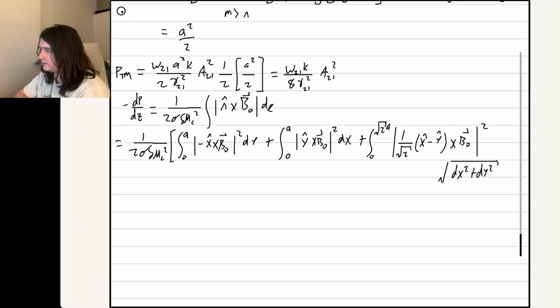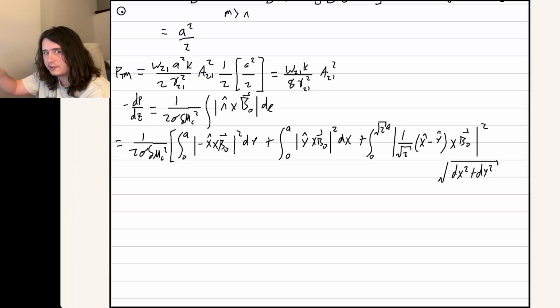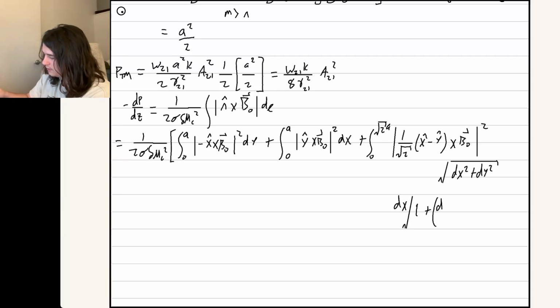How I'm looking at this is we actually have a form for dy/dx, because the symmetry line is along the y equals x plane, positive or negative, it doesn't matter. So from the line element, we can factor out dx, and then you'll have in the radical 1 plus the square of dy/dx.